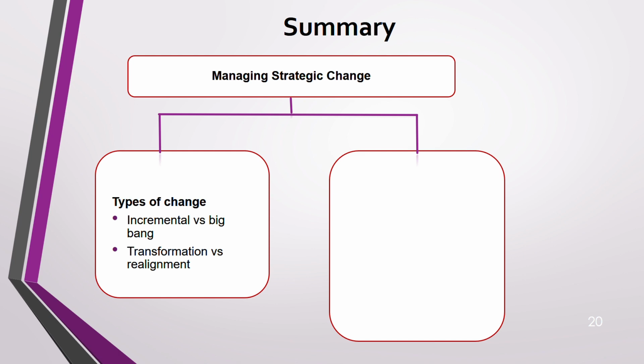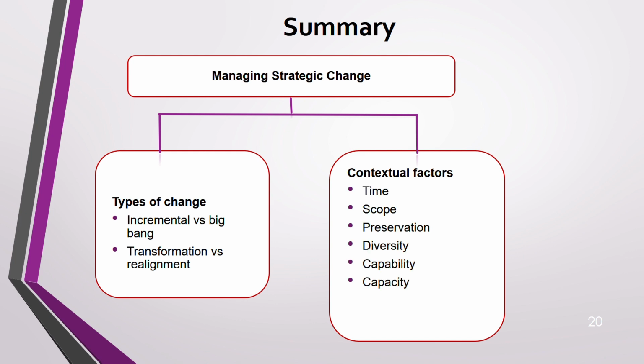We went through the four: evolution, adaptation, revolution, and reconstruction. You have to identify which one it is based on the speed of the change and the extent of the change. Then we went through Balogun and Hope Hailey's contextual factors: time, scope, preservation, diversity, capability, capacity, readiness, and power.